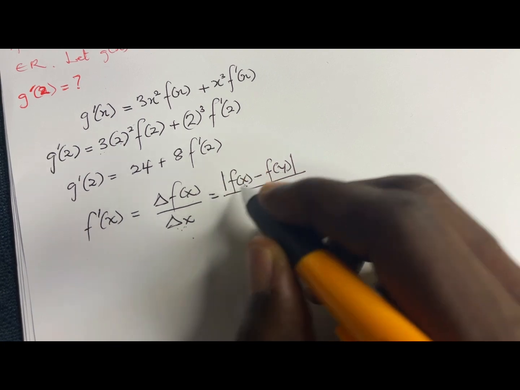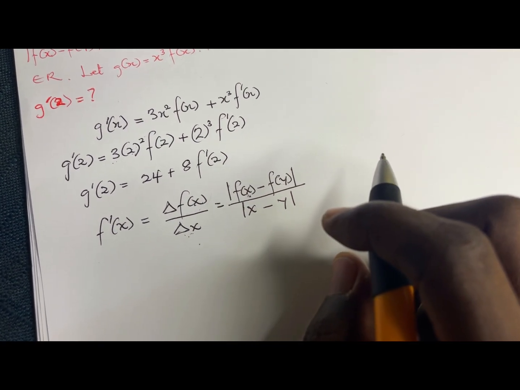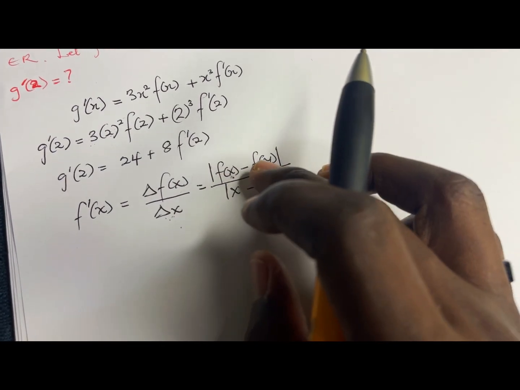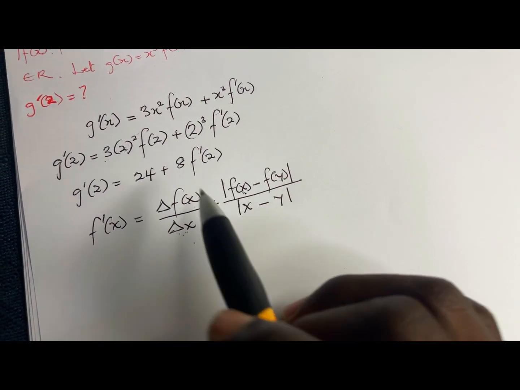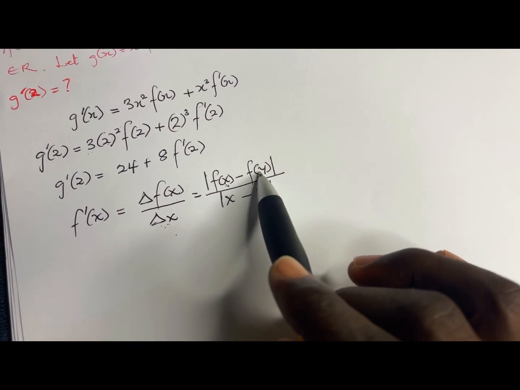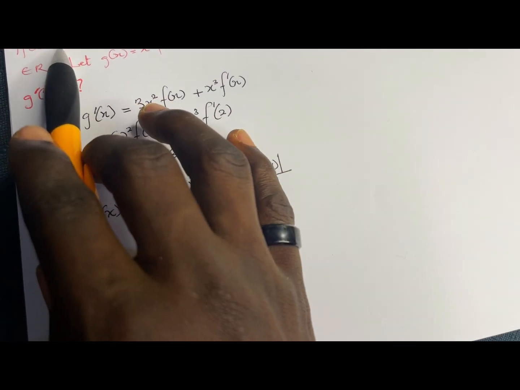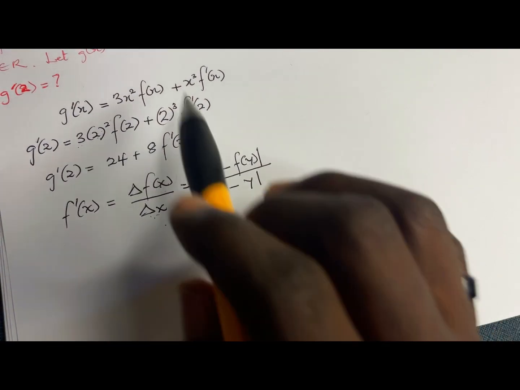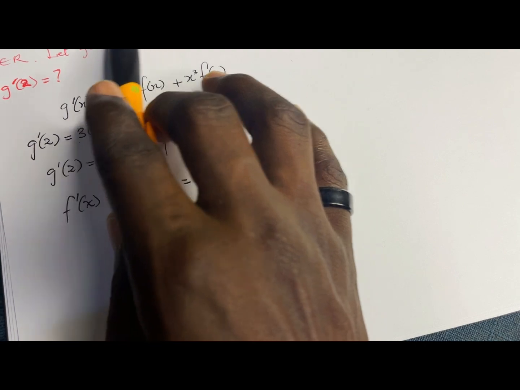Comparing this with the given condition, we can make f of x minus f of y, the numerator, the subject, and multiply through.